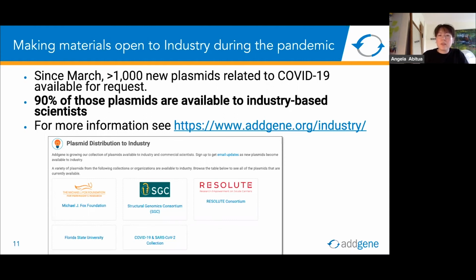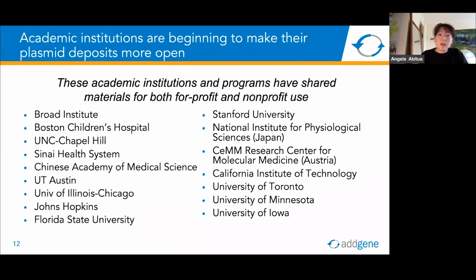And all of this, the opening of these plasmids to industry, wouldn't be possible without the academic institutions making their plasmids available to both for-profit and nonprofit use. And so there's a growing number of academic institutions that are starting to share these materials and make them more open to all scientists, including for-profit scientists, for research purposes.